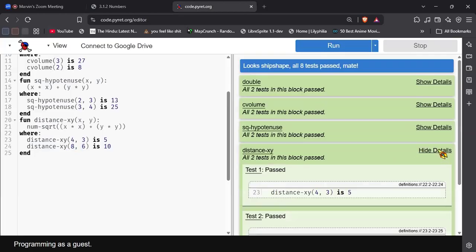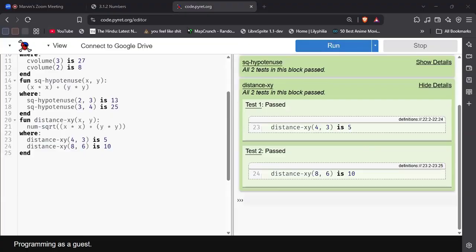So yeah, you correctly identified that distance xy uses the hypotenuse of the triangle. Great. In line 21, instead of writing x times x plus y times y by hand, notice how we did that on line 15. We could also call square hypotenuse, num square root of square hypotenuse, and pass in xy.